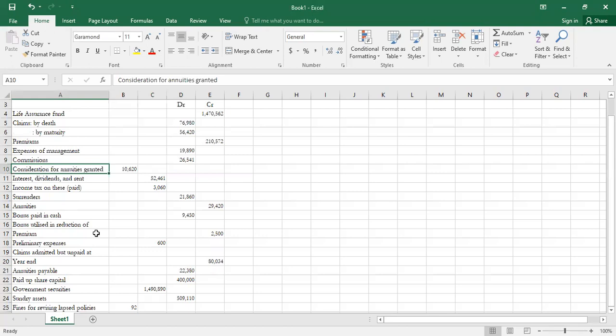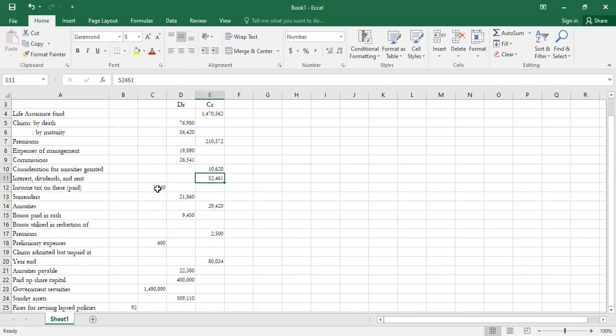It's supposed to be shown as an income on the credit side of the revenue account, and so is the trial balance because it's an income. So I'll cut this and paste it on the credit side. Very well. Then I have interest, dividend, and rent. Again, these are incomes, so I'm going to credit them.